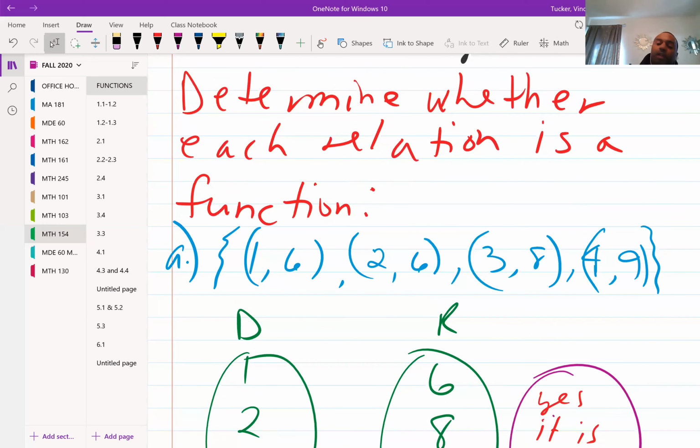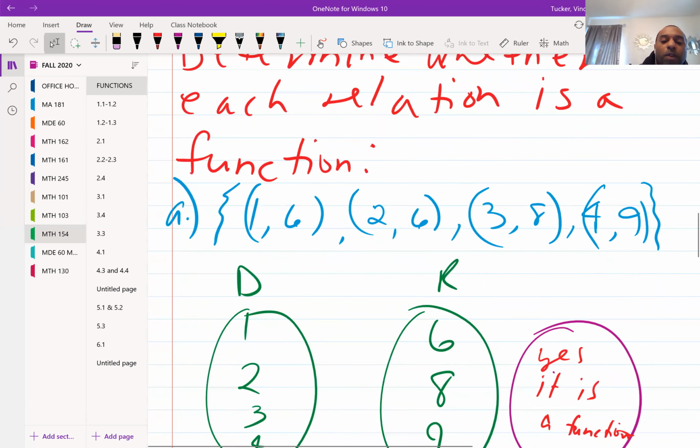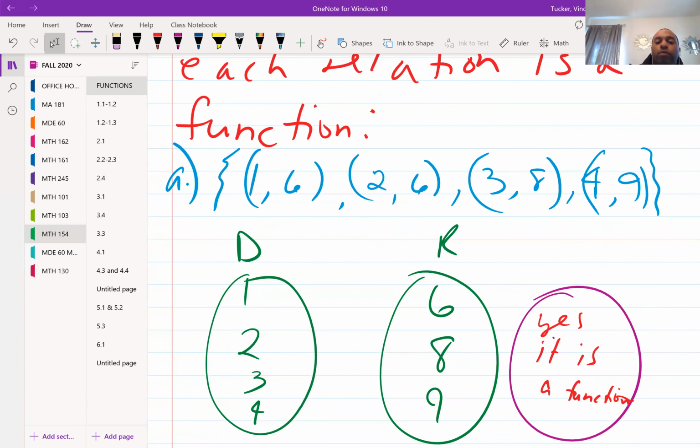It will help us to do a little bit of mapping as to what goes to what, and that will help us see what is a function and what is not a function, according to the definition that was given to us. So we have 1, 6, 2, 6, 3, 8, 4, 9. My domain is 1, 2, 3, 4. Remember, that's the first component in each. Range is 6, 8, 9. That's the second component in each.